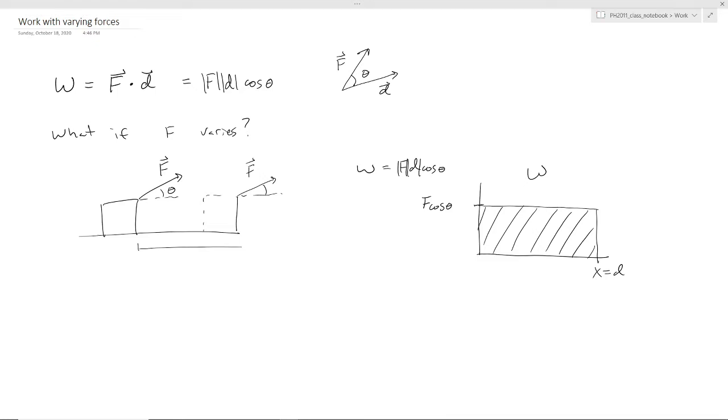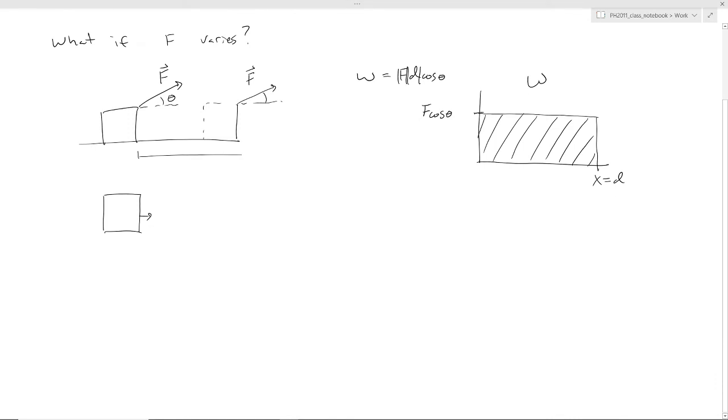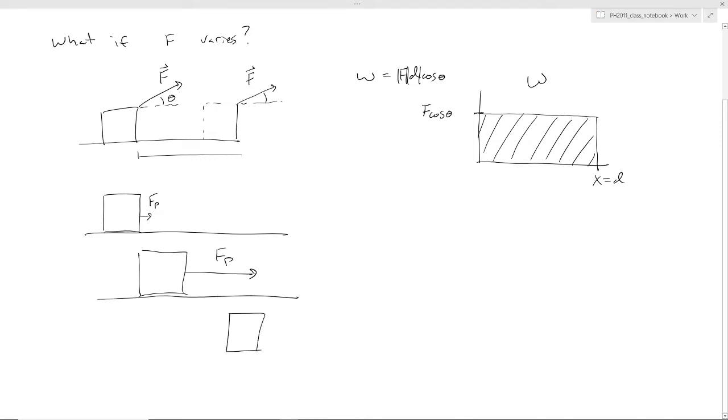So you can imagine a different scenario here where maybe we're pulling our box. Initially the force is quite small, and then at some point we really pull on it much harder, and then later, the force is small again. So this is all the same box.